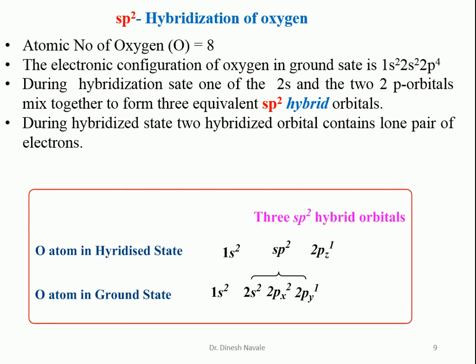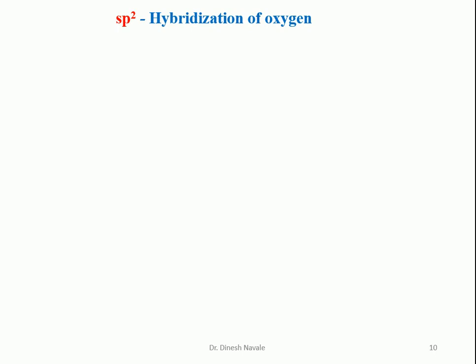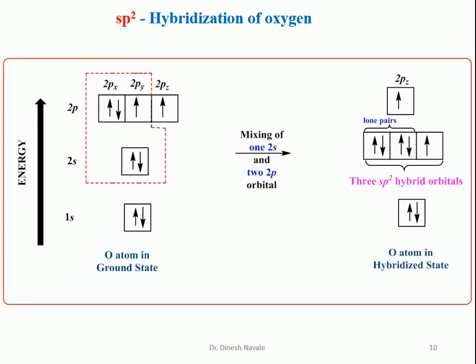So in the hybridized state, two hybridized orbitals contain lone pairs of electrons, and the 2p orbital also contains a lone pair of electrons. For sp2 hybridization of the oxygen atom, the ground state electronic configuration is 1s2, 2s2 and 2p4. 2p4 will be like 2px2, 2py1 and 2pz.